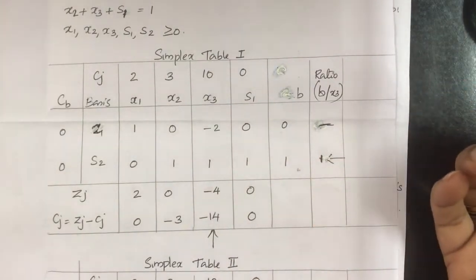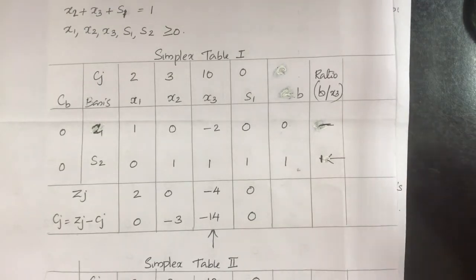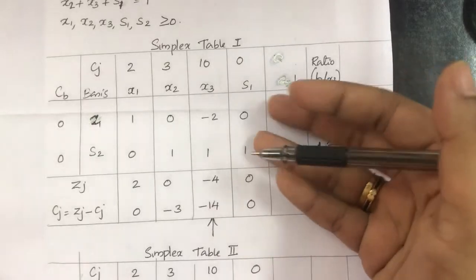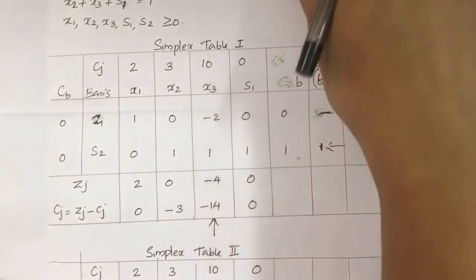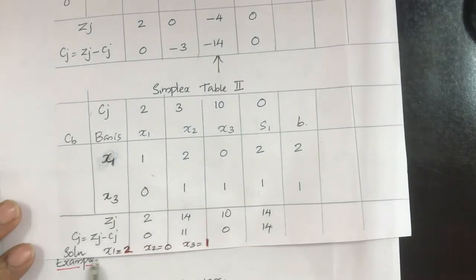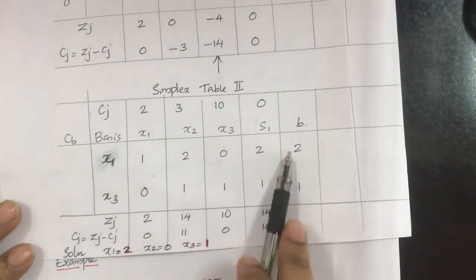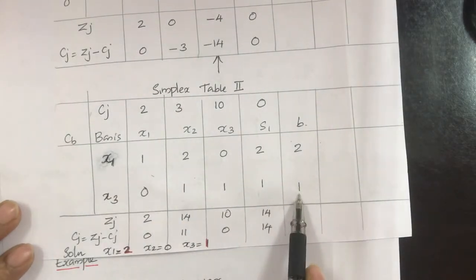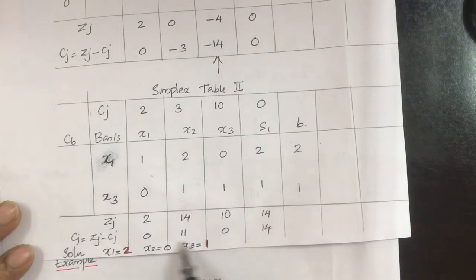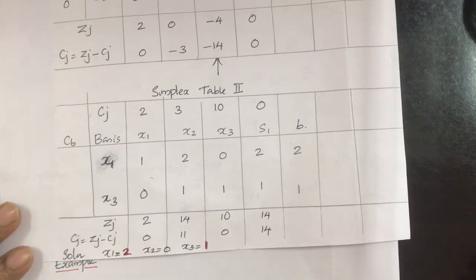But in some cases, it will be removed in the subsequent iteration. When we proceed with this question, in the second table we will get the optimum solution like this: x1 equal to 2, x3 equal to 1 and x2 equal to 0, and z max is some value corresponding to x1 equal to 2, x2 equal to 0 and x3 equal to 1.